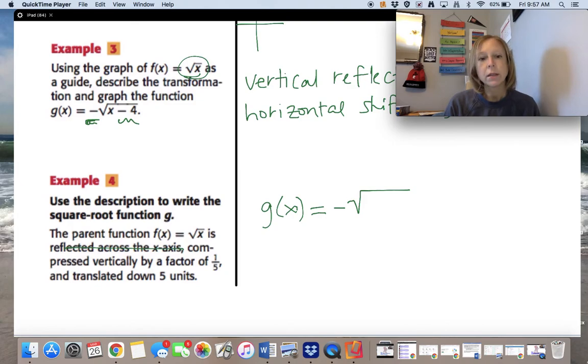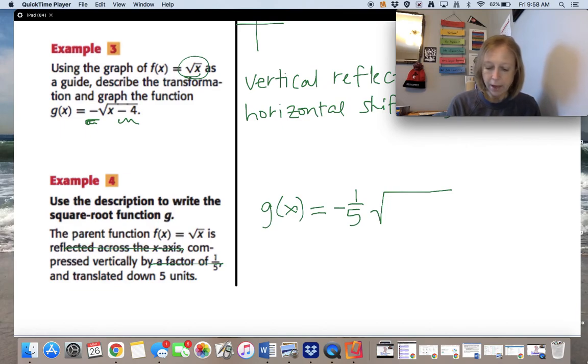Then we're going to compress it vertically by 1/5. A vertical compression goes in the front because it's vertical. So I don't have enough room there, so I have a 1/5. All right, got that part done. And then we're going to go down 5. All right, well, down 5 will be a vertical shift.